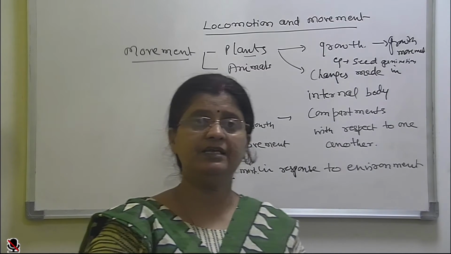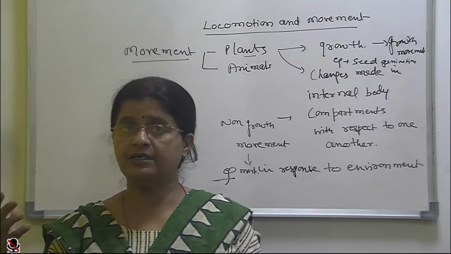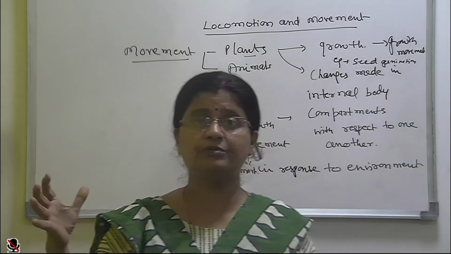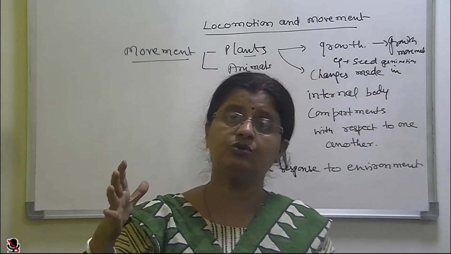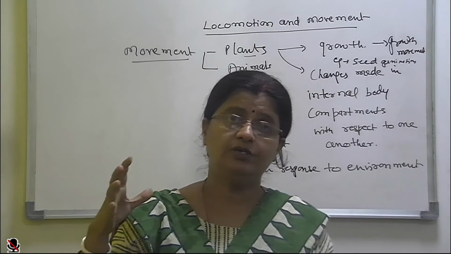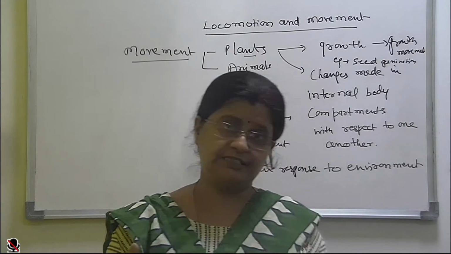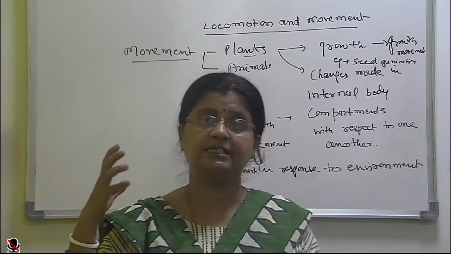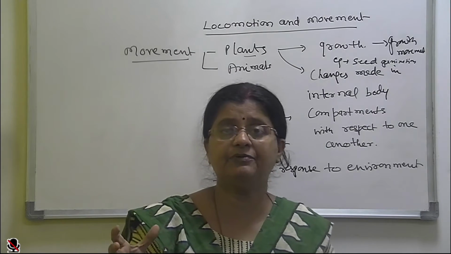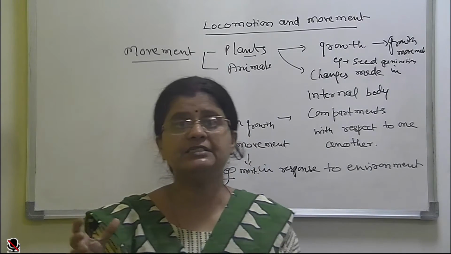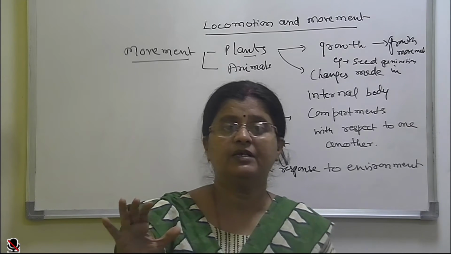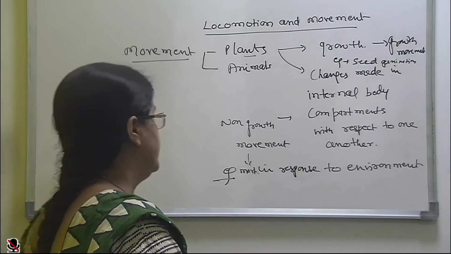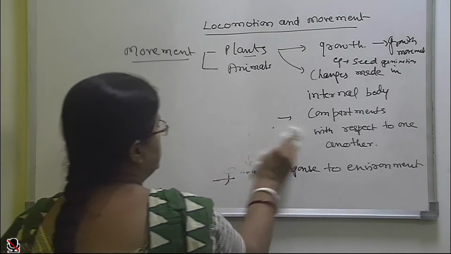You might have seen that a plant always grows towards light. So there is photonasty, then hydronasty, epinasty. All these types of nastic and tropic movements you have learnt in class 10th, right? Now next, let's see the movements in animals.